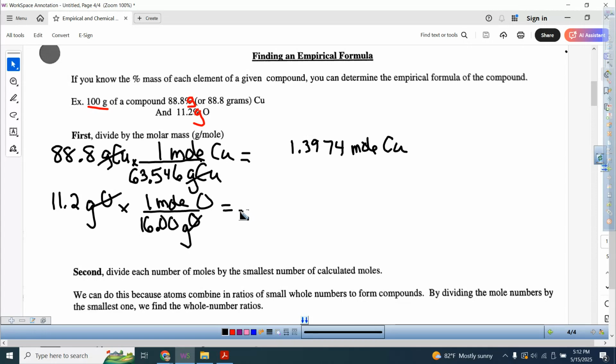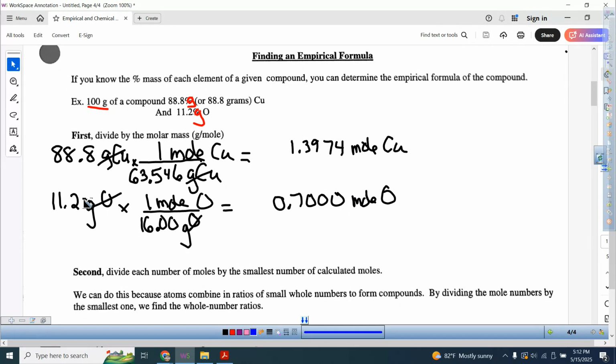Because according to Avogadro, there are 6.02 times 10 to the 23rd particles per mole. So we want to compare them in terms of moles. And when I divide this, I get 0.7000 moles of oxygen.